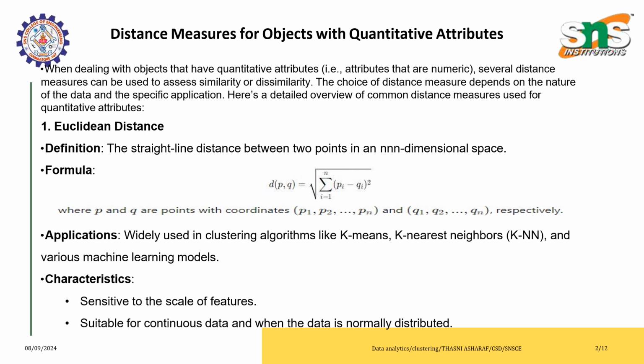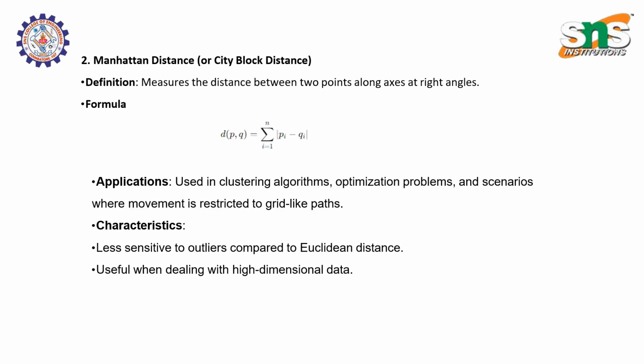Euclidean distance. Definition: the straight line distance between 2 points in an n-dimensional space. The application is widely used in clustering algorithms like k-means, k-nearest neighbors, and various machine learning models. The main characteristics are sensitive to the scale of features, suitable for continuous data, and when the data is normally distributed.